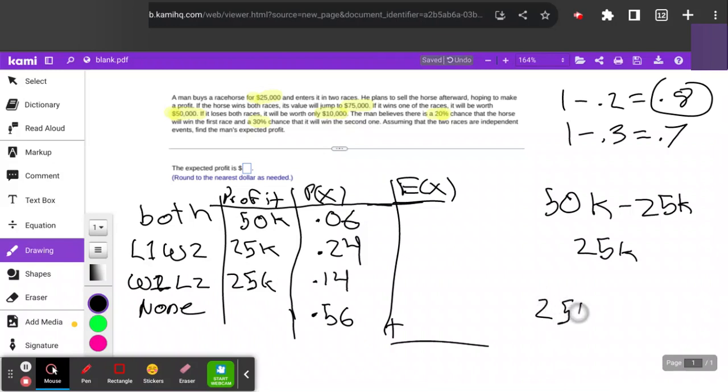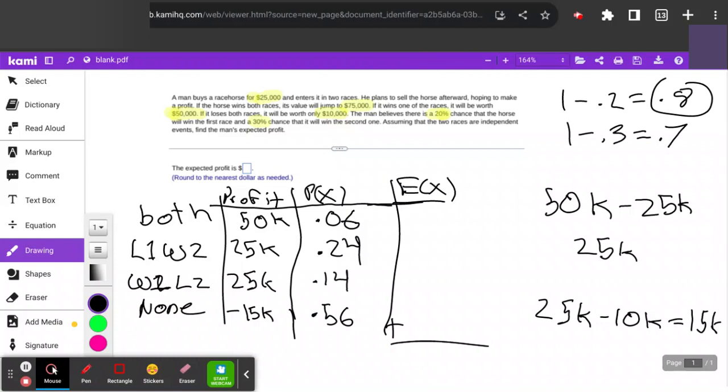So that's going to be 25K minus 10K. You're not losing $10,000. It's going down to 10,000 from 25,000. So that's just 15,000. So now that we have a difference of 15K, we're going to put minus 15K because we're losing $15,000. It's going from 25,000 to 10,000.